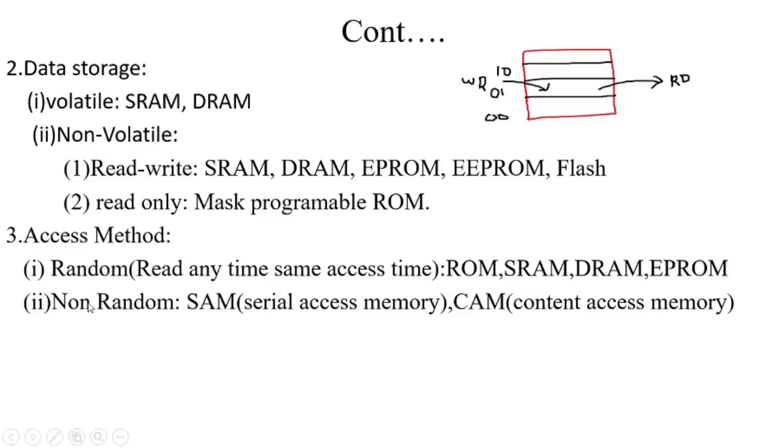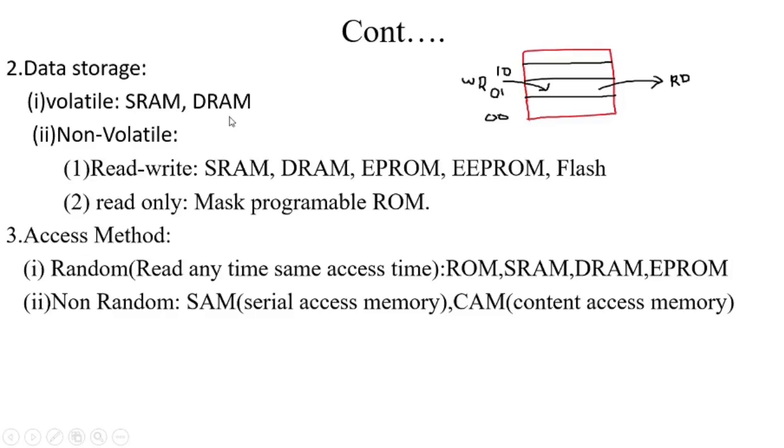The second one is non-random access memory, whose examples are the serial access memory and the content access memory. Finally, in this chapter we are studying two types of memories: the static random access memory and the dynamic random access memory.